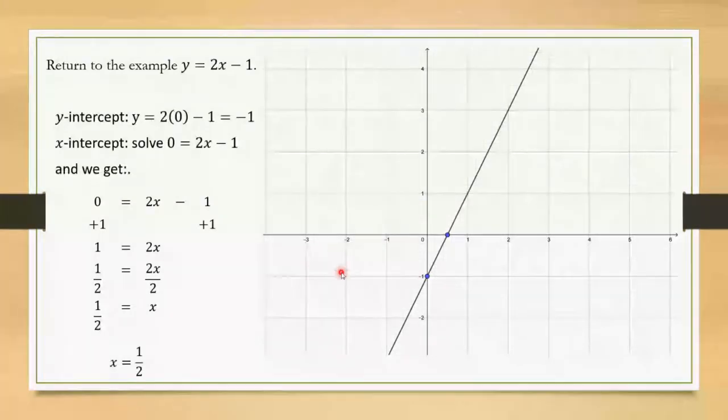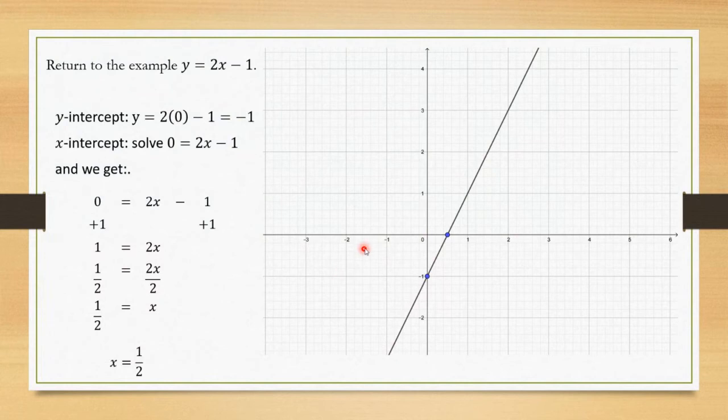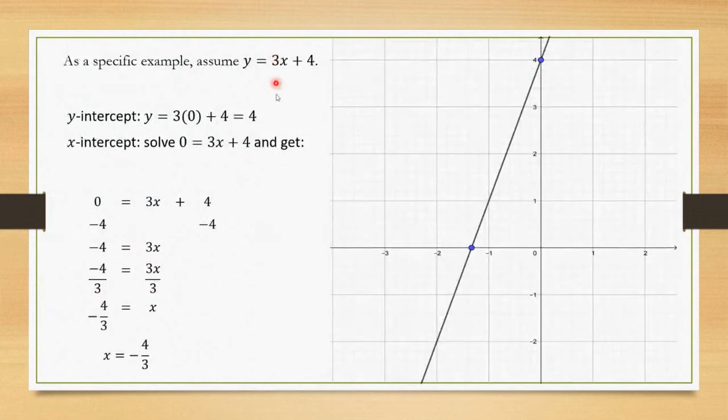So that's one example. Here's another example, y equals 3x plus 4. We want to get the x and y intercept. The y-intercept is a little bit easier. You can see from the graph that it's going to be 4.